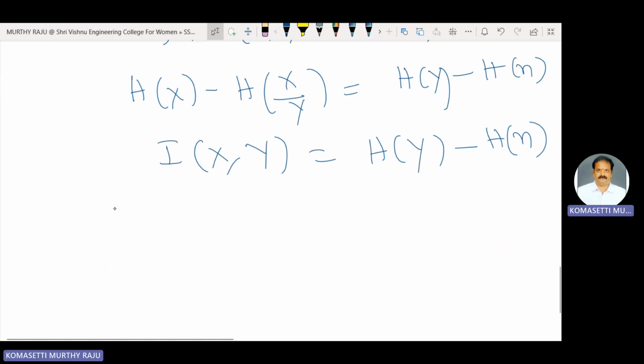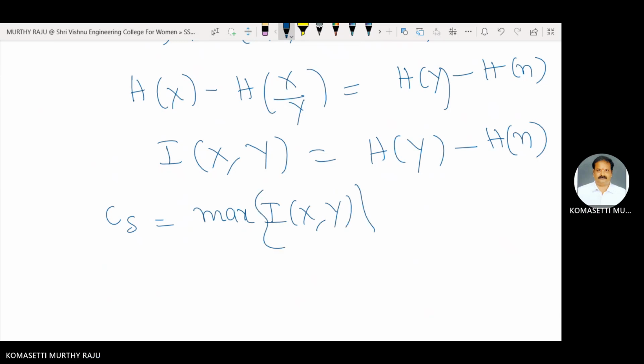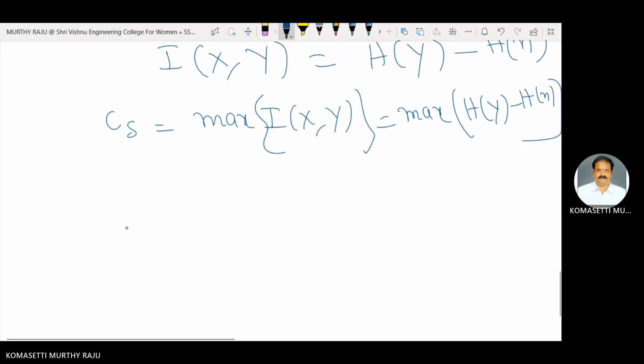Symbol capacity, or sample capacity, CS is equal to maximum of I of x comma y, that is equal to maximum of h of y minus h of n. In case of continuous channels, we use differential entropy.